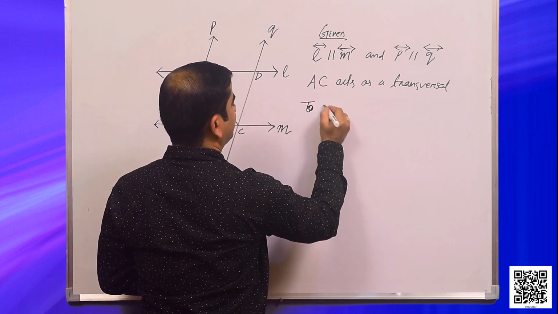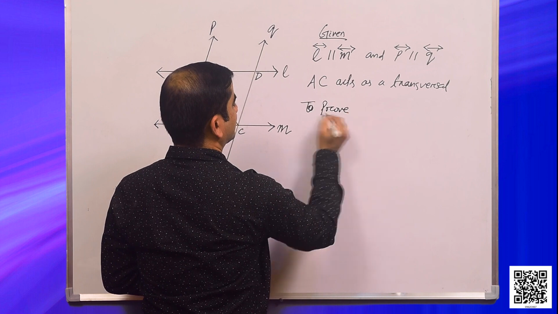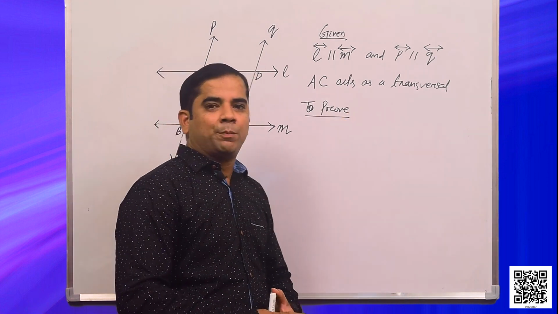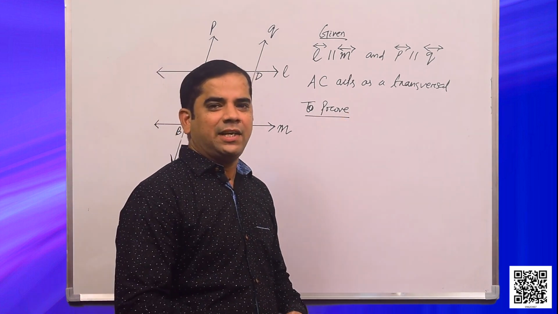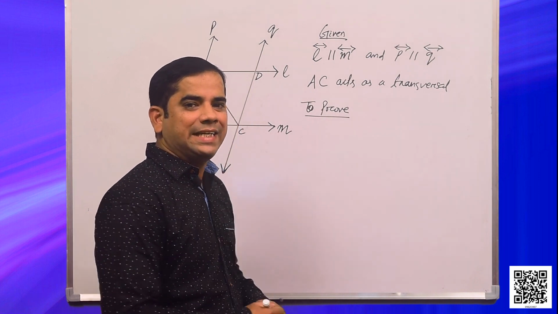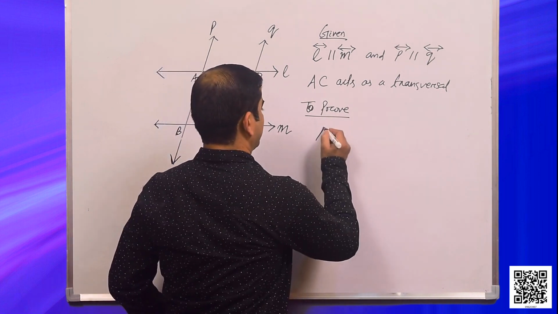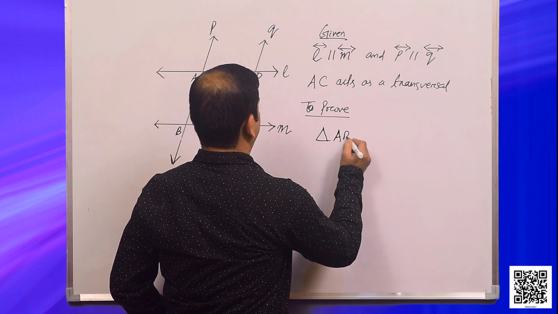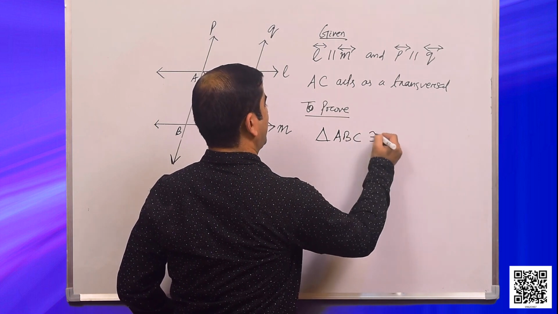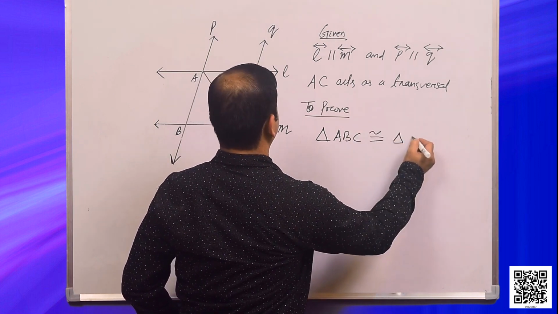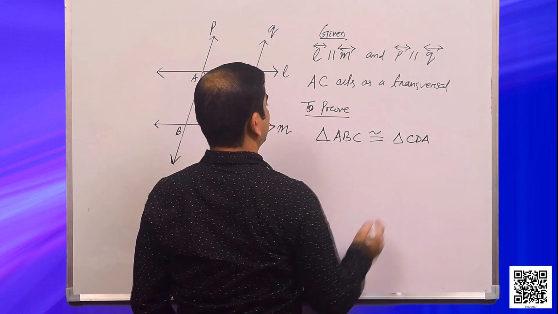To prove, students, we need to prove that triangle ABC is congruent to triangle CDA.